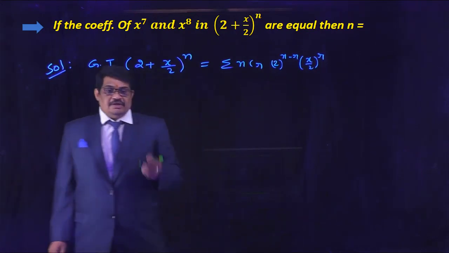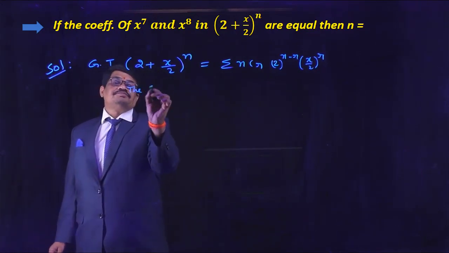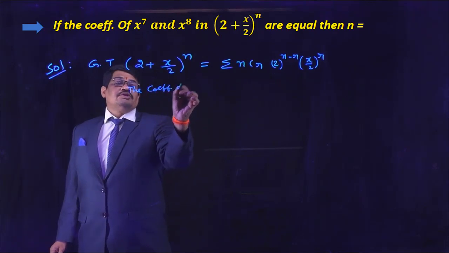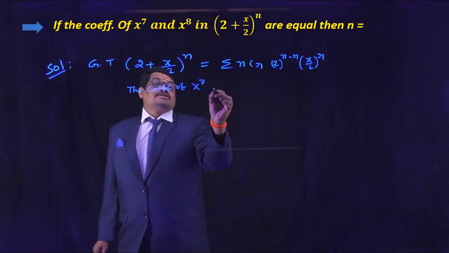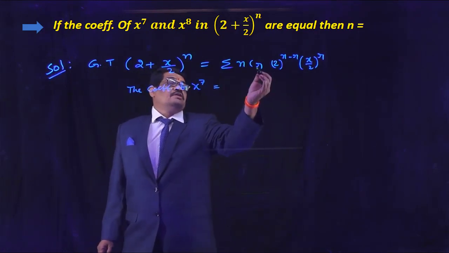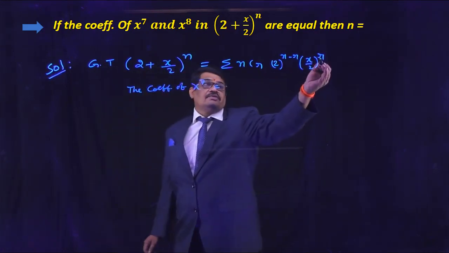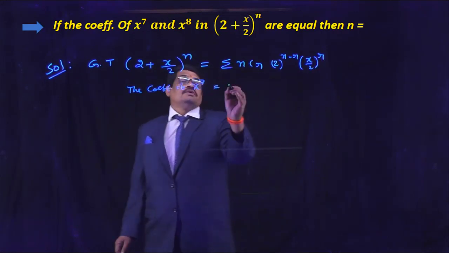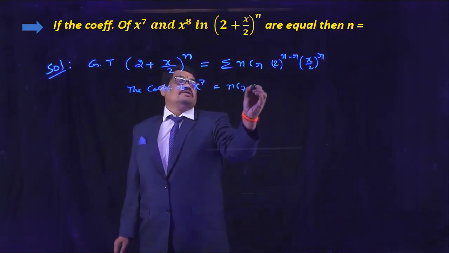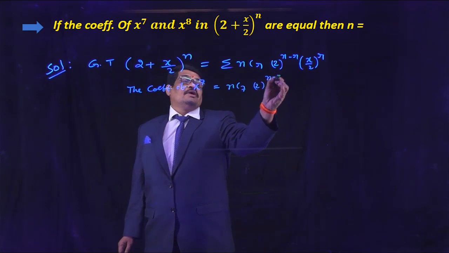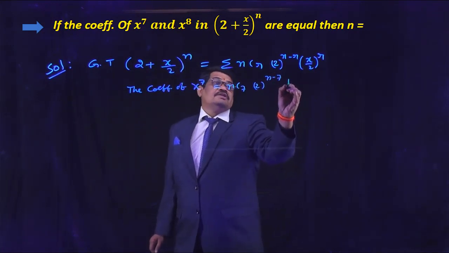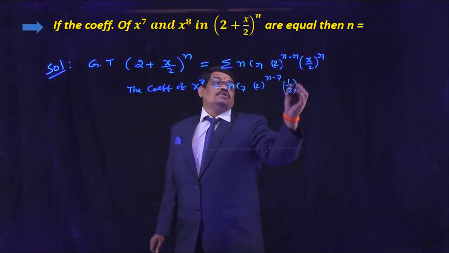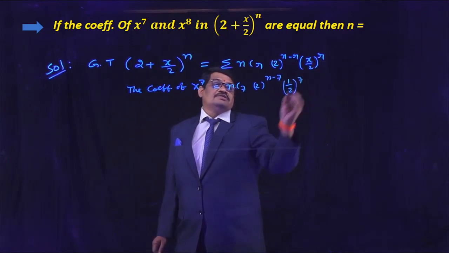Now we write the coefficient of x to the power of 7: we take r is equal to 7, then nC7 2^(n−7) into (1/2)^7.